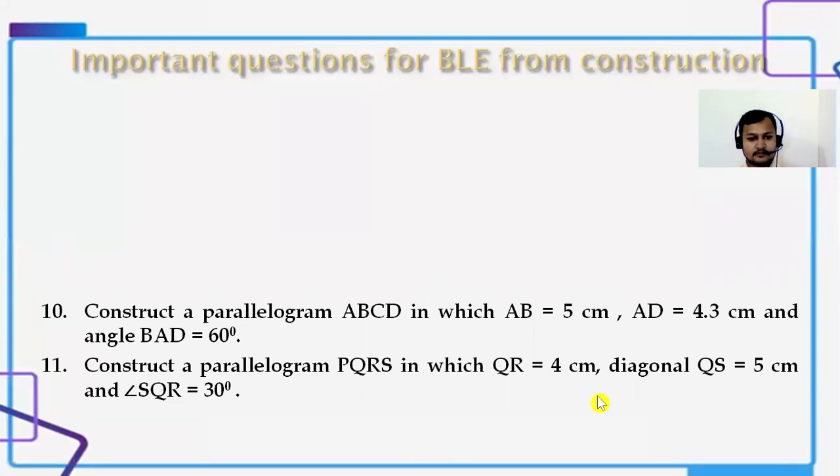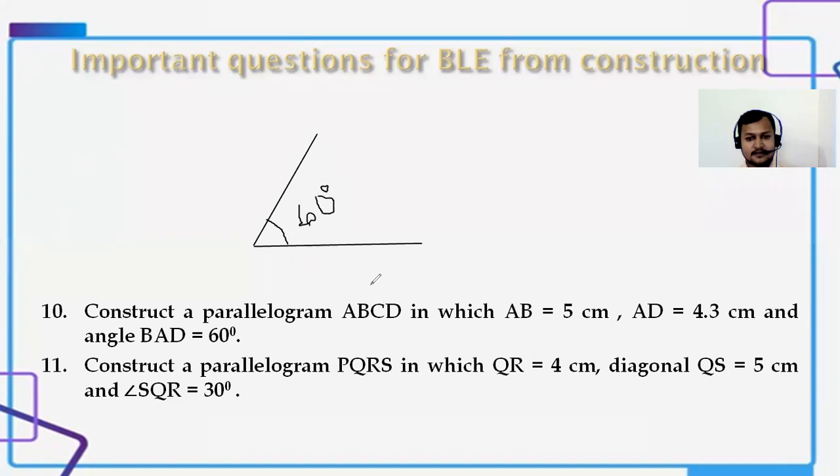Question number 10. Construct a parallelogram ABCD in which AB is 5 centimeter, AD is 4.3 and angle BAD is 60 degrees. So let me draw it here. AB is 5 centimeter, AD is 4.3, angle BAD is 60 degrees.